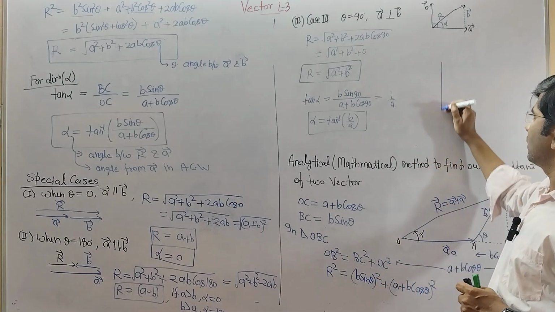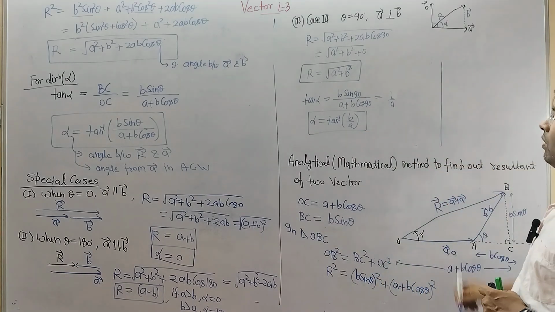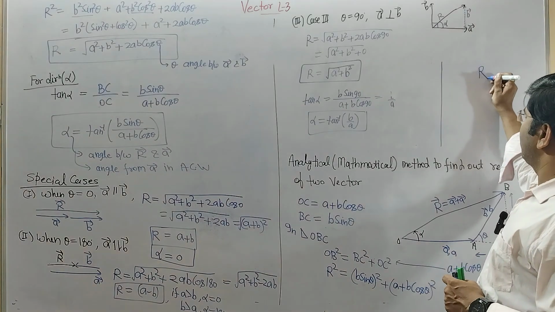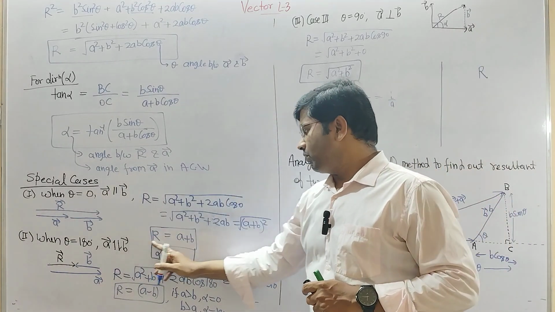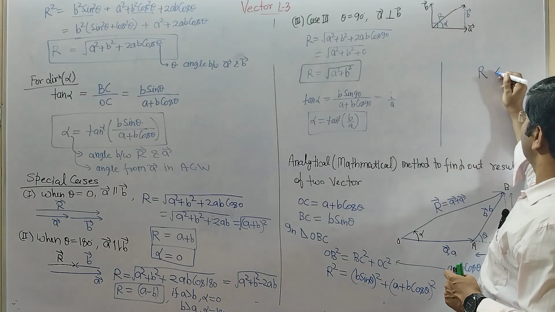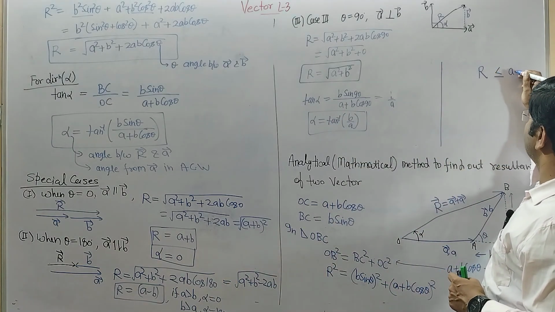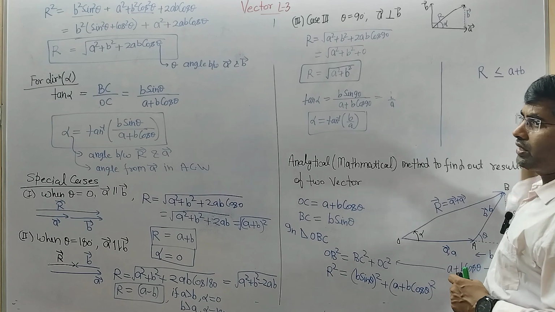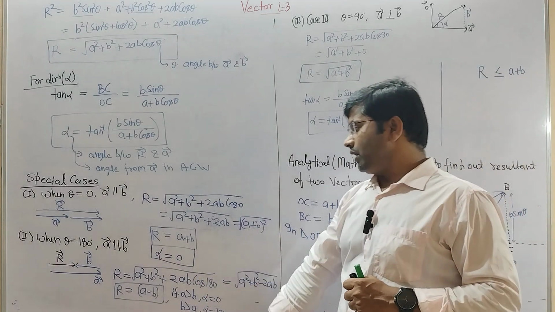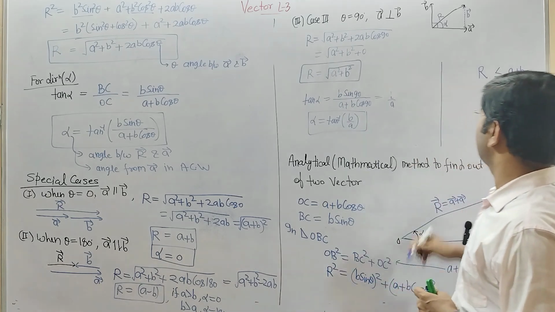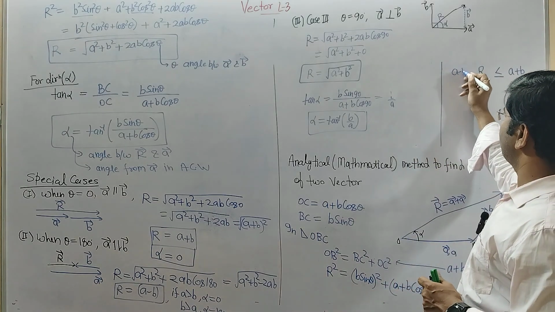So one conclusion we can say is that the maximum and minimum values of the resultant will lie in between. When theta is 0, we get the maximum resultant, and when theta is 180, we get a minus b, the minimum value.